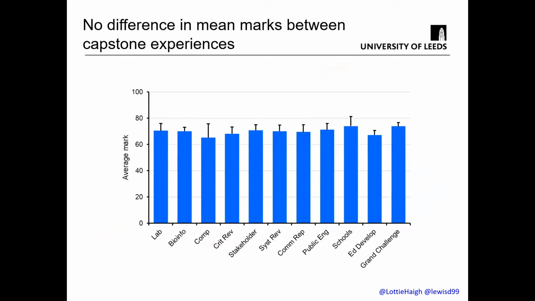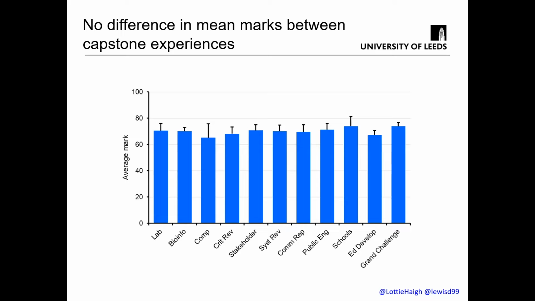If we look first of all at mean marks, this is data from about 700 students over the 4 years. Across our different opportunities there was no significant difference in any mean mark, which is great, because if you talk to some people in the sector, the lab project is always the gold standard. These more non-traditional approaches are seen as a sort of easier alternative.